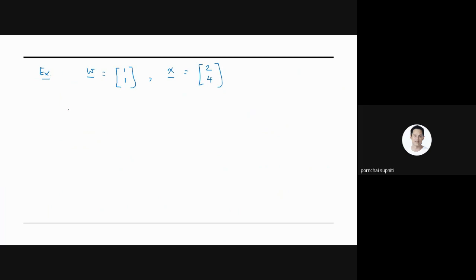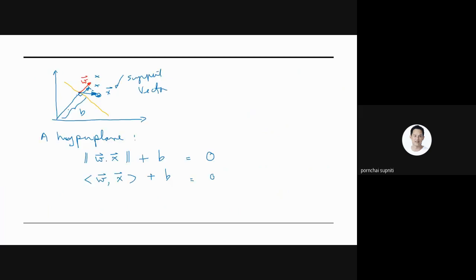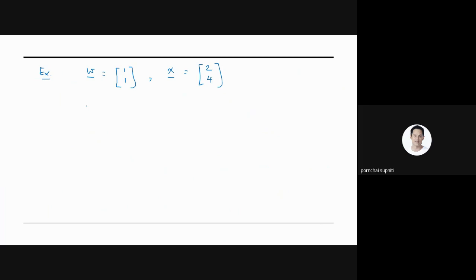From the previous equation, what does that mean? It means W transpose times X plus B is equal to 0. Remember that W transpose times X is like the size of the projection, and then plus B equals 0.